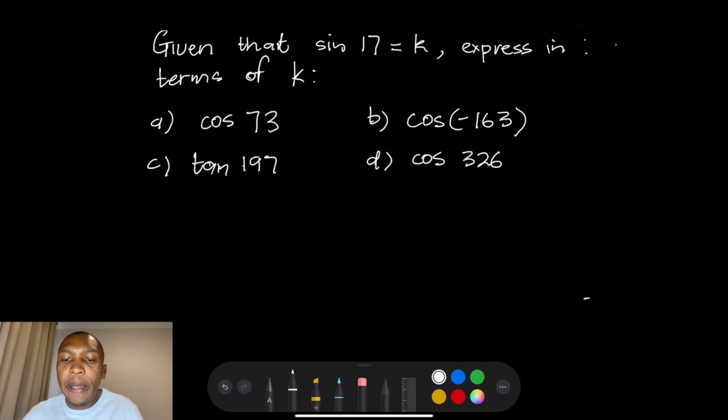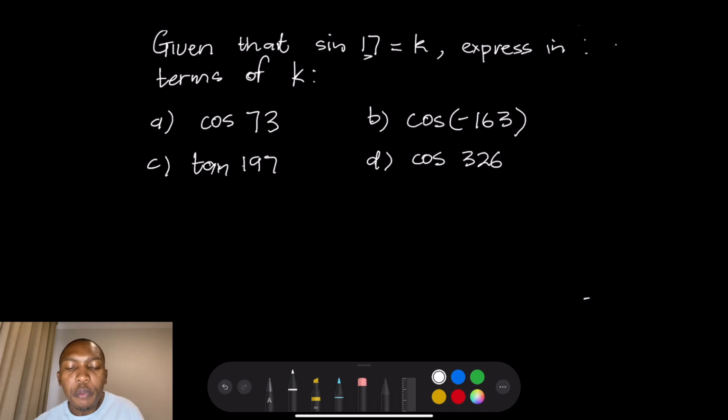And by the way, just keep in mind, they might give you restrictions and so on and so forth. In this case, we need to always be mindful of that. So they've told us that sine of 17. Now, please note, that's in the first quadrant. It's quite obvious, so we don't need to be given any restriction because they've actually given us that particular angle there. It's not a variable.